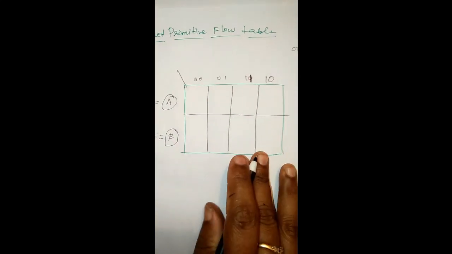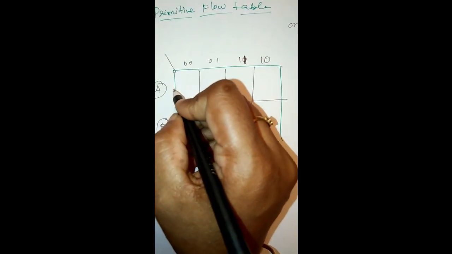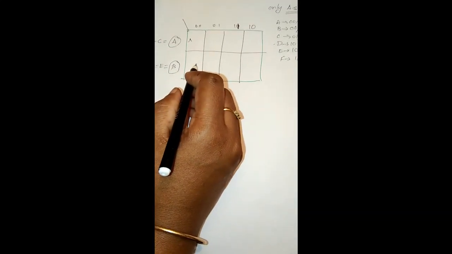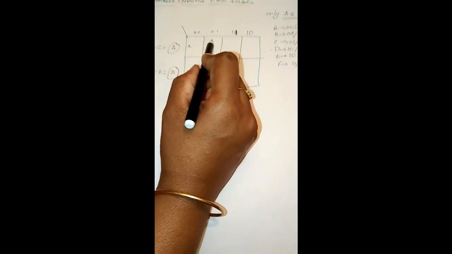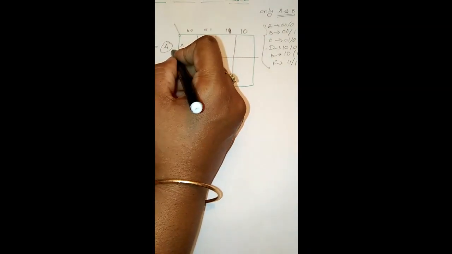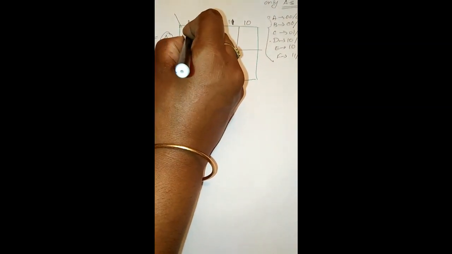Students, as I told you all, the reduced flow table can be obtained from the primitive flow table. In the primitive flow table, our A is what? 0 0 with an output 0, so I'll write this as A comma 0.